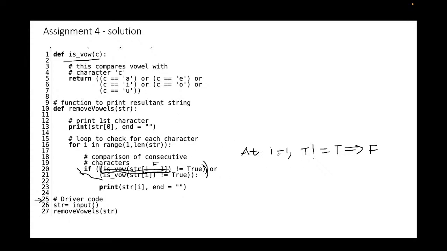Now I said that at i minus 1, we found a vowel. Let's say at the ith position, we found a consonant, not a vowel. At i, what will this return? It is checking whether it's a vowel or not. It's false.